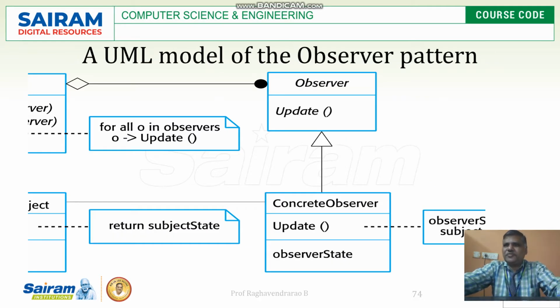Here are the functions of the observer pattern in the UML model. For all observers, update, then return the subject status. Then the observer has to update its observer status. So functions are there in this.